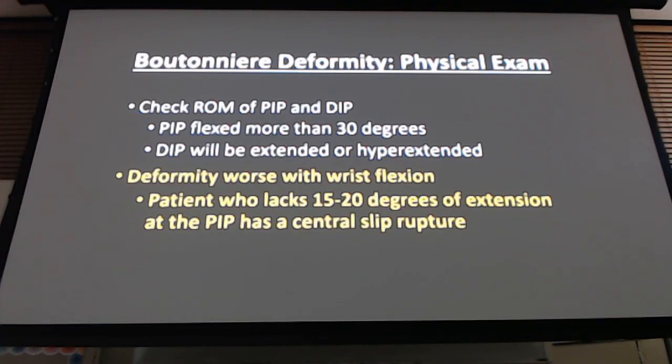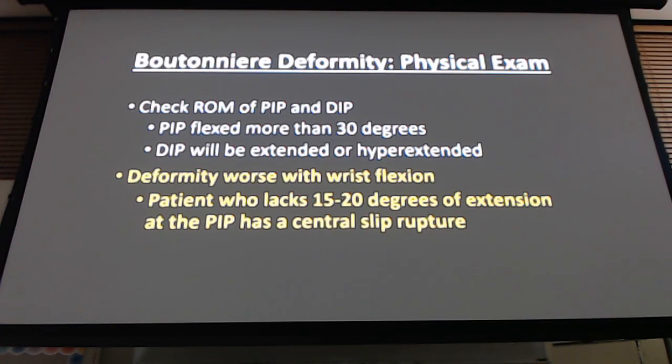Patients who lack 15 to 20 degrees of extension at the PIP have a central slip rupture unless otherwise proven. Make sense? So do you think you'll get an MRI? Yes. When you read the scenario, it says they have a 16.78 degree, that's a joke, but say it's 15 to 20 degrees, then the answer is a central slip disruption, and therefore the patient is at risk for a boutonniere deformity.